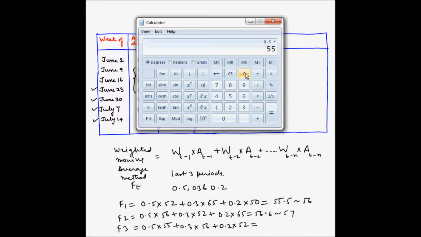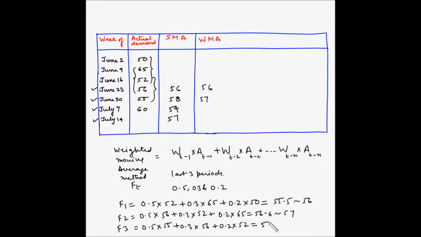That is 54.7, which can be rounded up to 55.